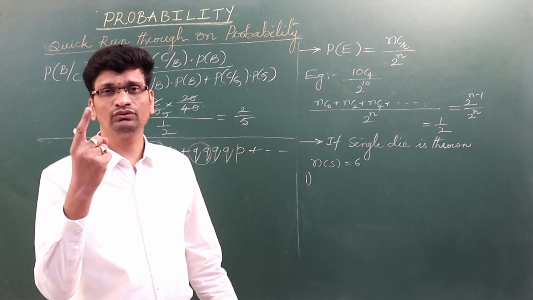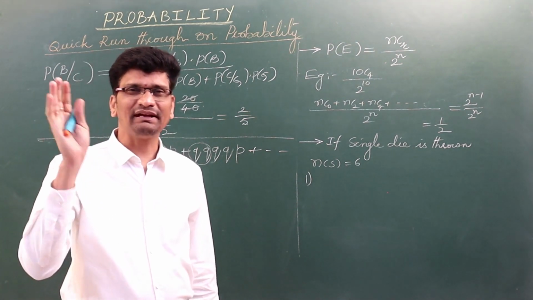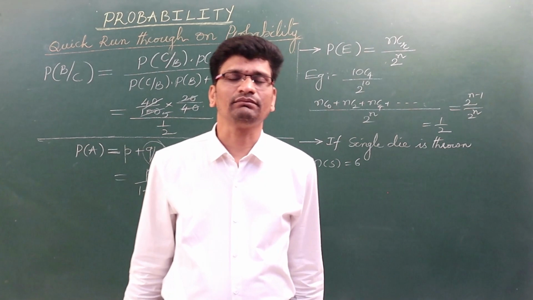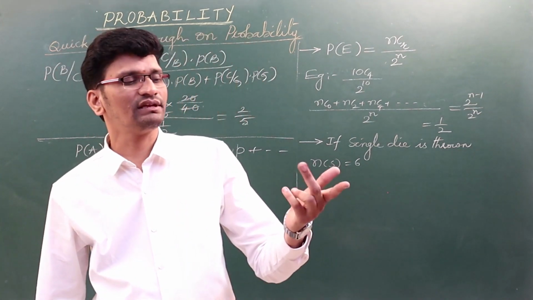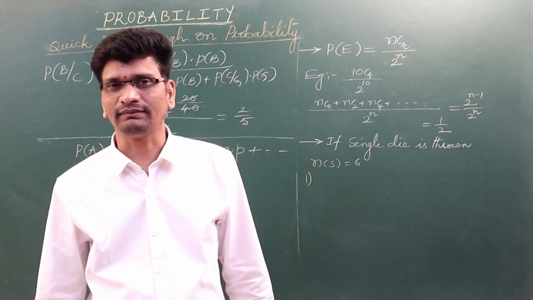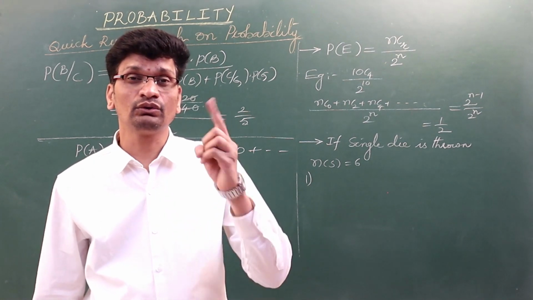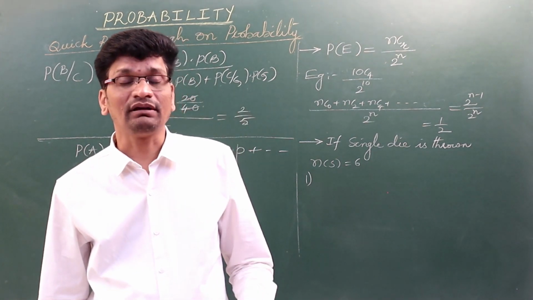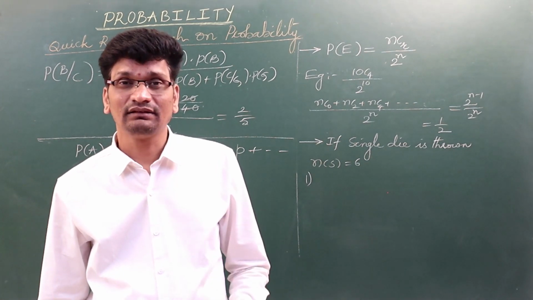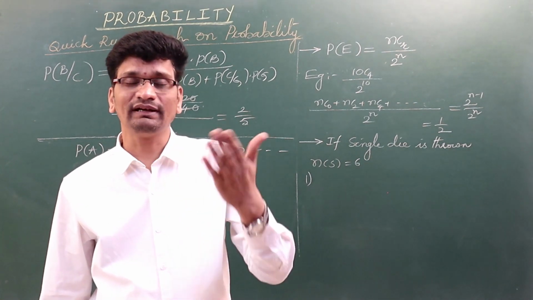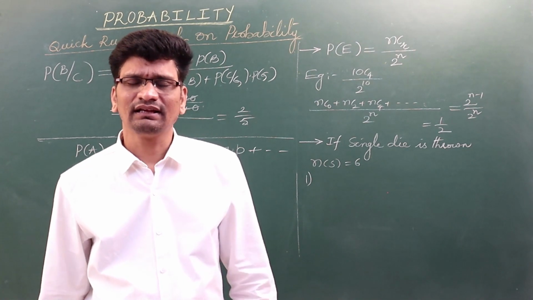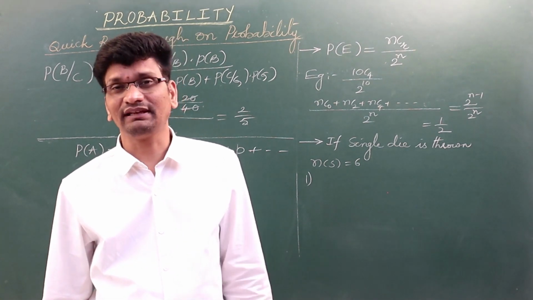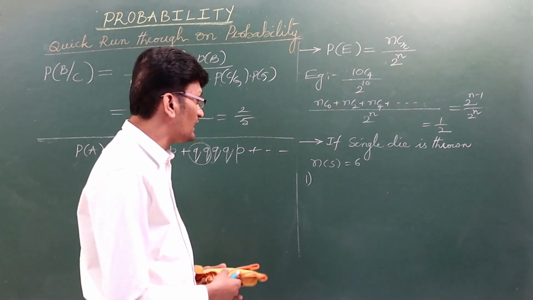Favorable chances are 2, 4, 6: 3 by 6, 1 by 2. Getting an odd number: 1, 3, 5, 3 by 6, 1 by 2. Getting a prime number: 2, 3, 5, 3 by 6. Getting a multiple of 3: 3, 6, 2 by 6. Like that, we can create so many problems when a single die is rolled.